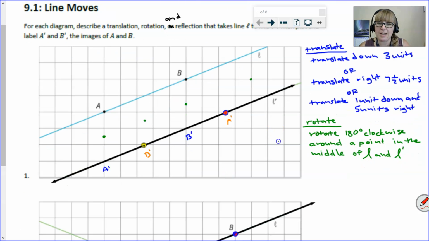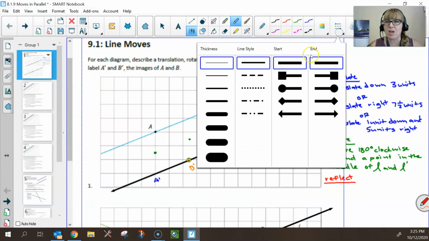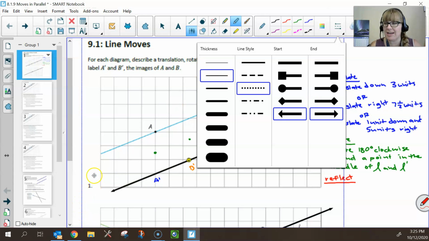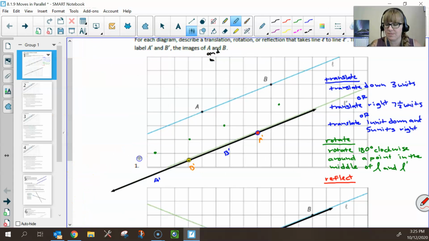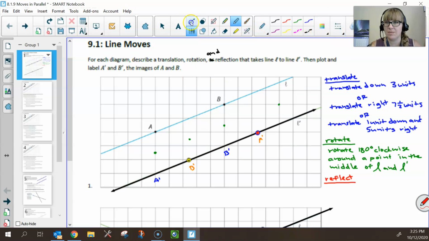And finally, for a reflection, what's interesting to note is, as I started drawing all of these green dots that we could rotate around to make L land on L prime, those also formed a line that would work for our line of reflection.